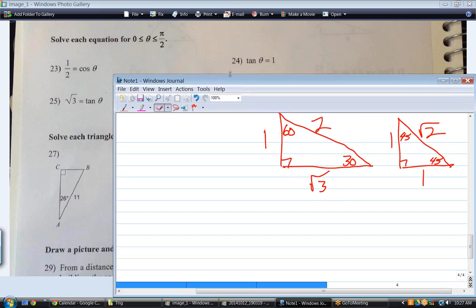So 60 times some number has to be 180. Tangent of theta equals 1. So 45, so pi over 4. Correct.